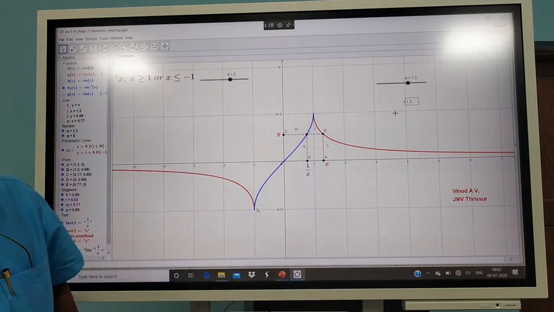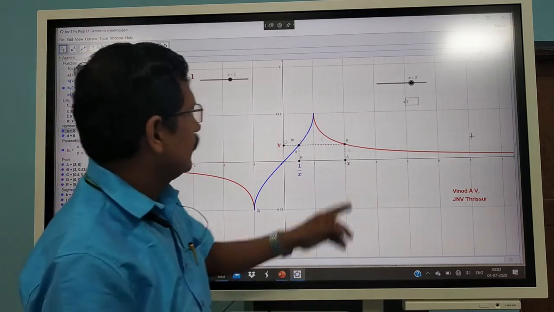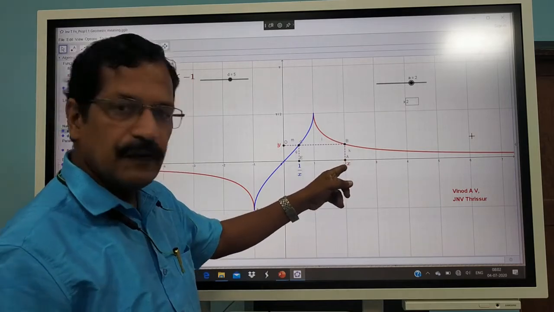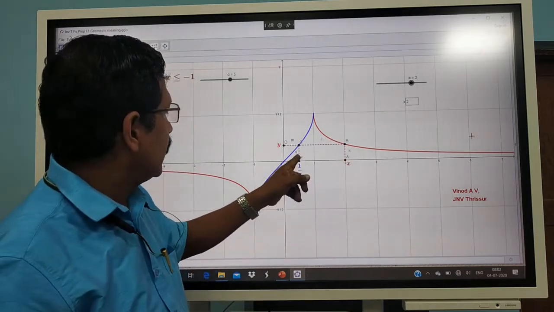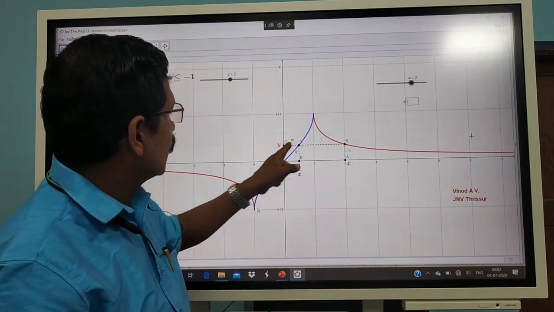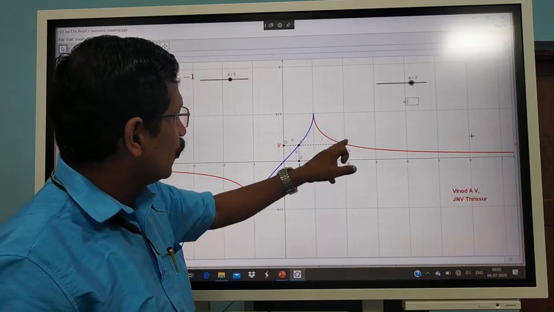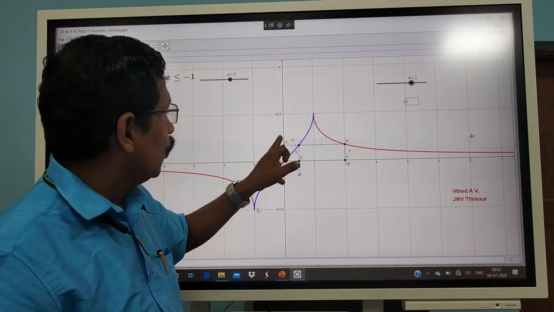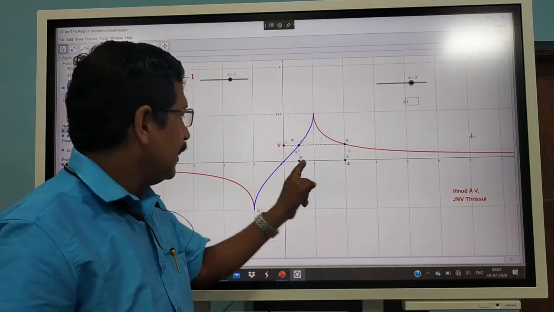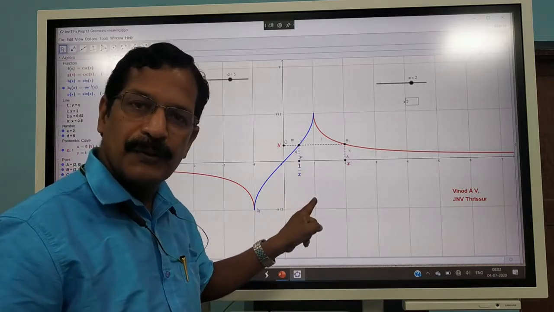Let us check it here. You can see it is 2. So when x is 2, 1 by x is 1 by 2. When x is 2, the corresponding point on the y-axis is cosec inverse of x, which is y here. And here the point on the x-axis is 1 by 2.